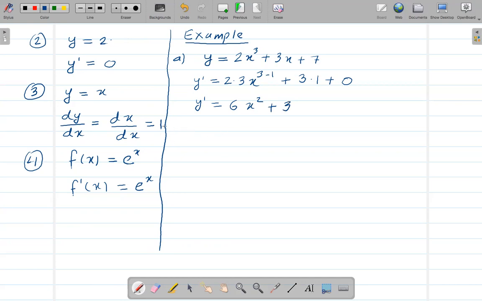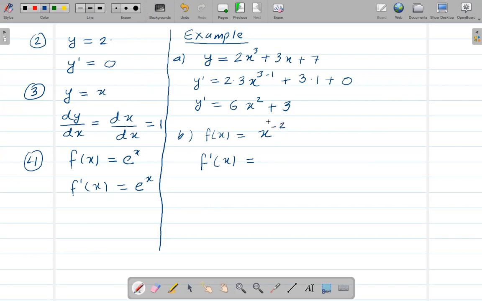Okay, so that's the idea. Okay, so what about, let's write f of x this time. We could write y, but it doesn't matter. f of x equals x to the power -2. Again, let's take the derivative of this. So f prime of x equals, okay, now again, using the power rule, the n here is this -2.